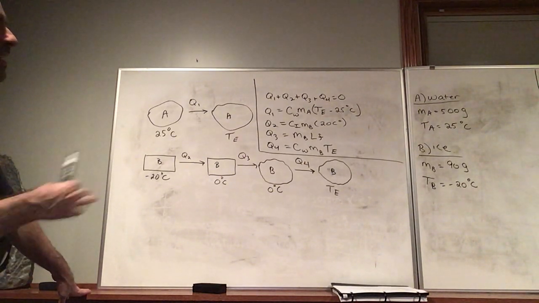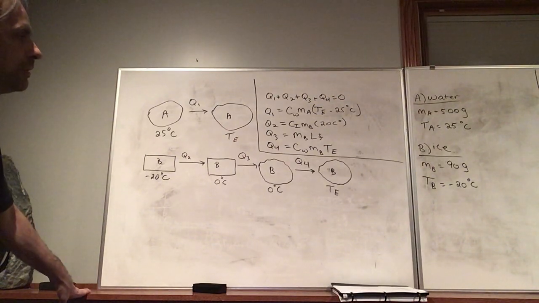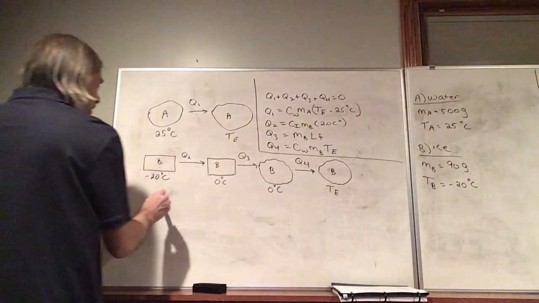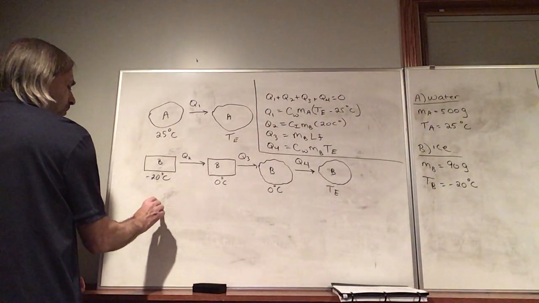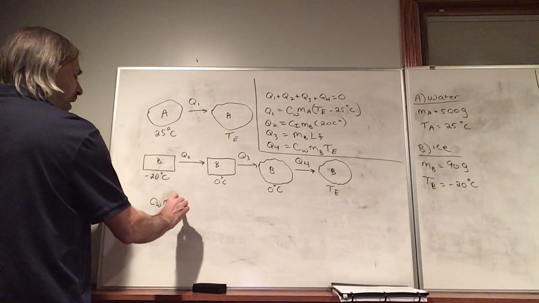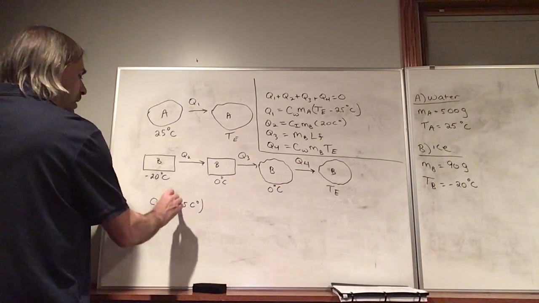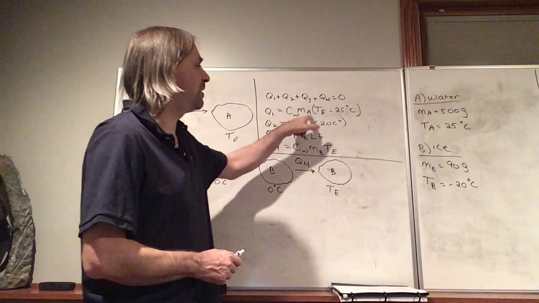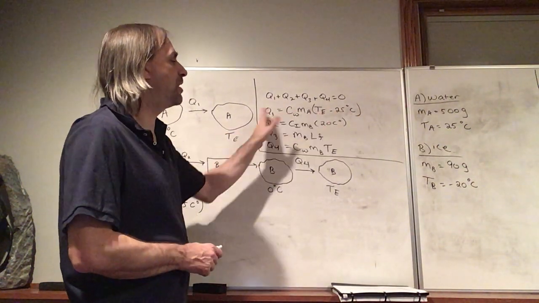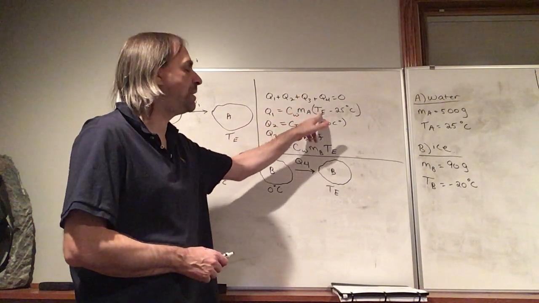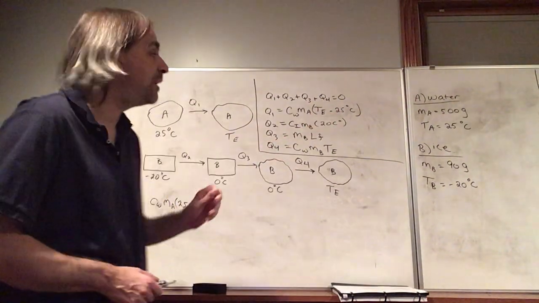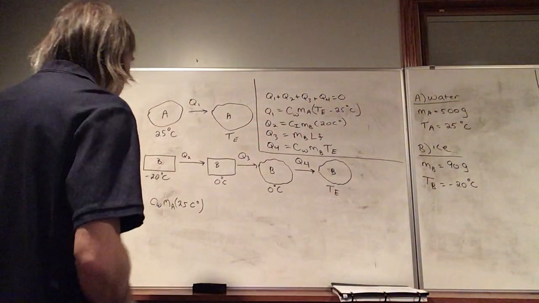So what I'm going to do is calculate what I can, just numerically. So let's start out with this. Let's do CW times MA times 25 Celsius degrees. So what we're calculating is just this part here. We don't know what TE is, so we're distributing this. We have CW MA TE, and then minus CW MA times 25. We can calculate that part and get a number.